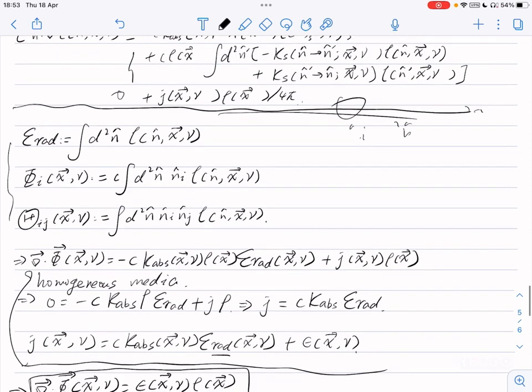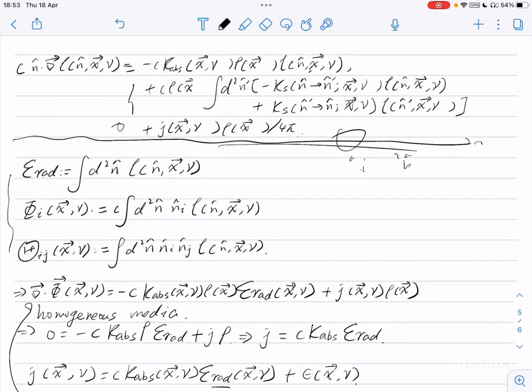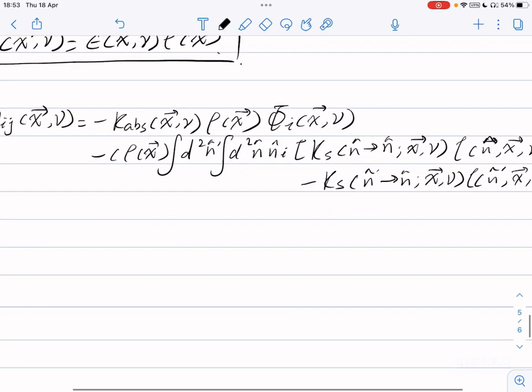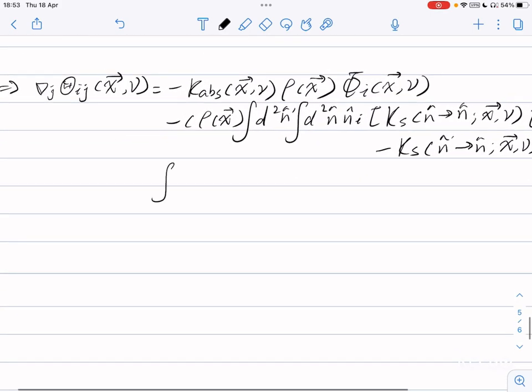So if we multiply it with n_i and integrate over the direction n, it is just a constant times the integral of n_i d squared n. We can prove that for i equals x, y, z, it all vanishes.